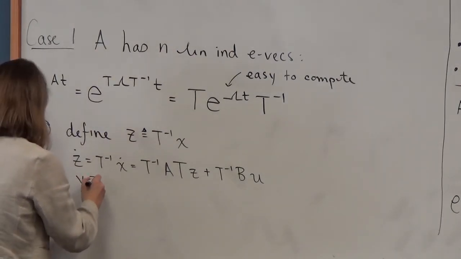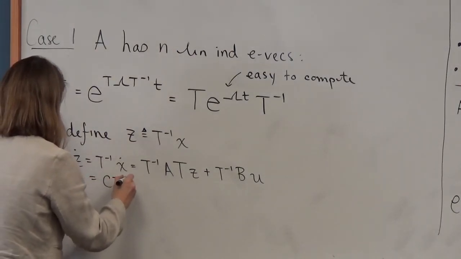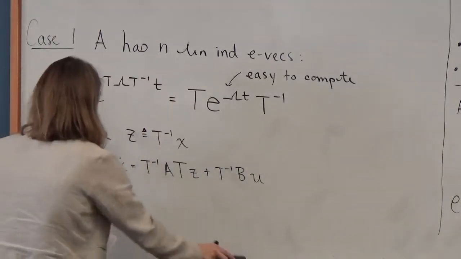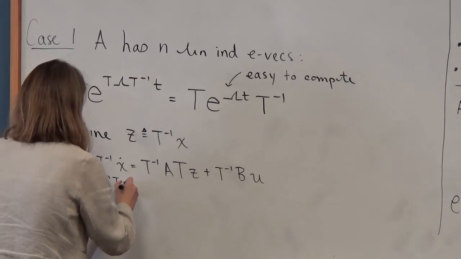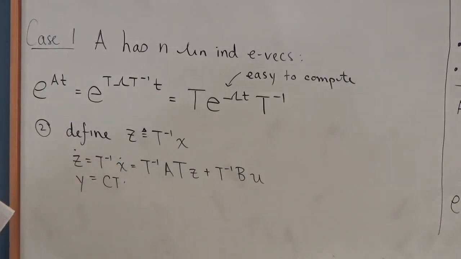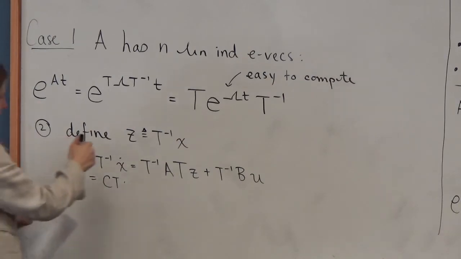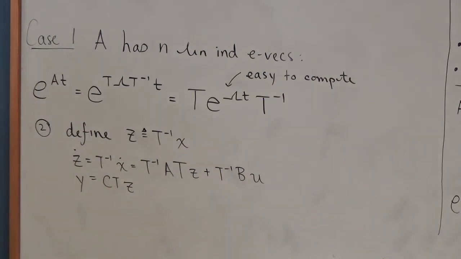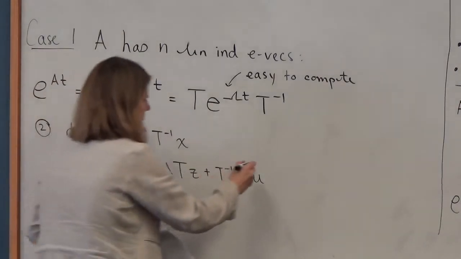Y is equal to CX, X is equal to TZ. All right, so now I have a new system.